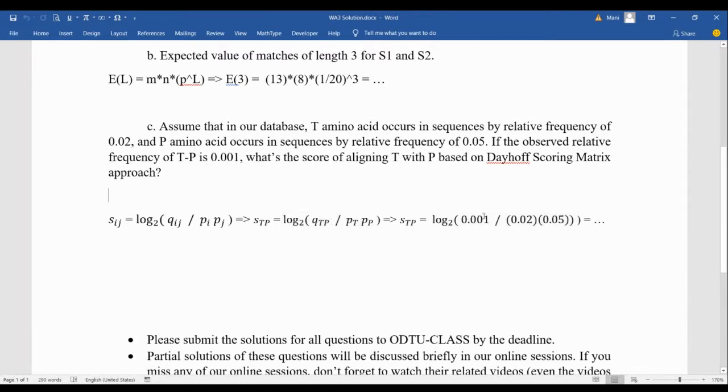So we have 1 over 1,000 for the case of this relative frequency of T with P. And for marginal probabilities, by the way, whenever I say probabilities, it is exactly the same as saying relative frequency. They mean the same in this format. So easily you can again use the calculator and find the final answer.